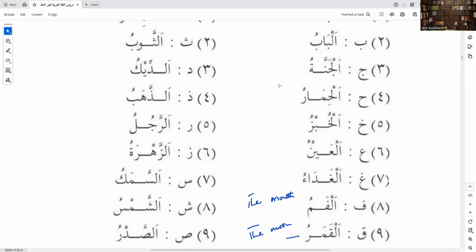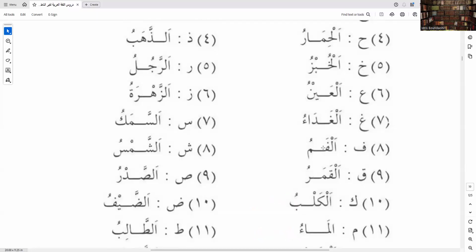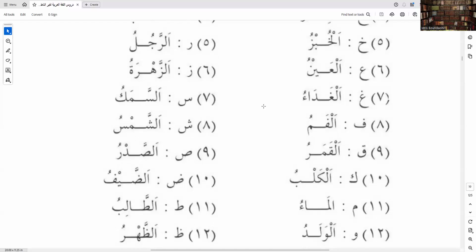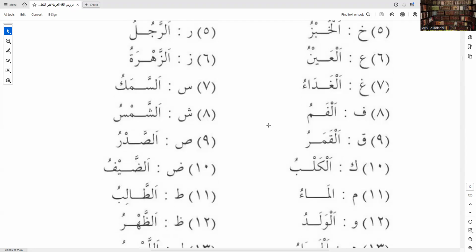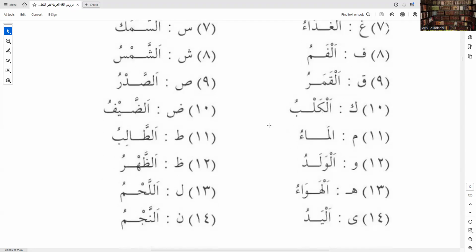And let's see, al-kaf, al-kalbu. Kalb, we know is a dog, the dog. Meem, we say al-ma'u. Any word that starts with meem, we say al if we are attaching the definite article. Wa, al-waladu, the boy.